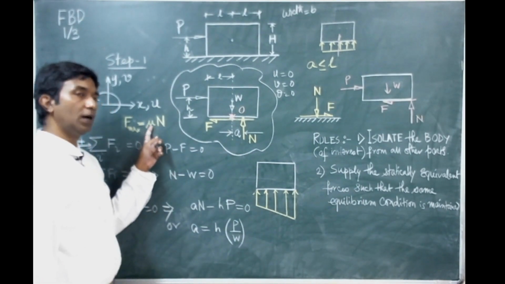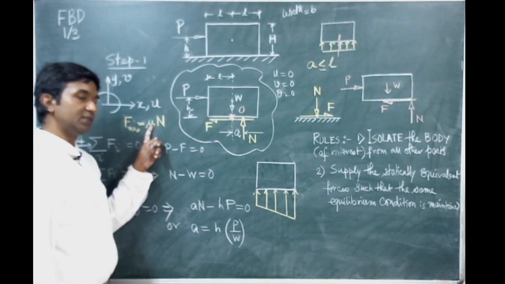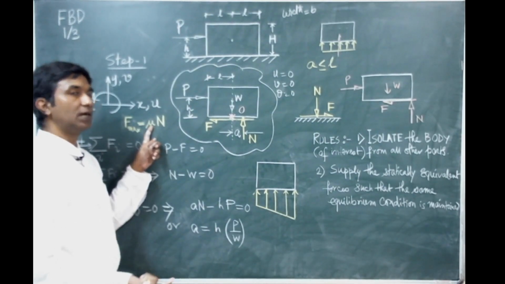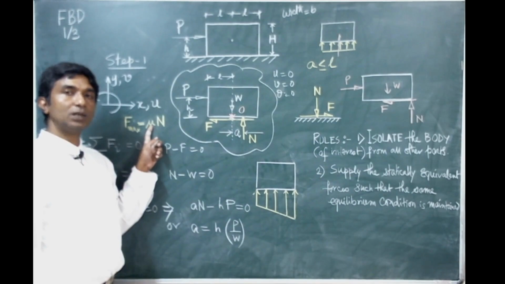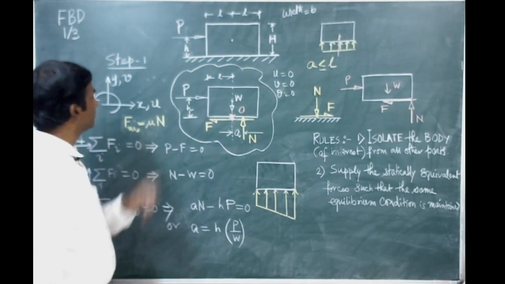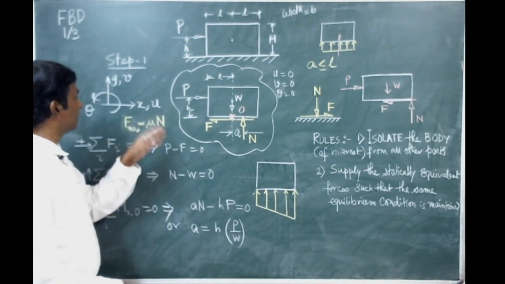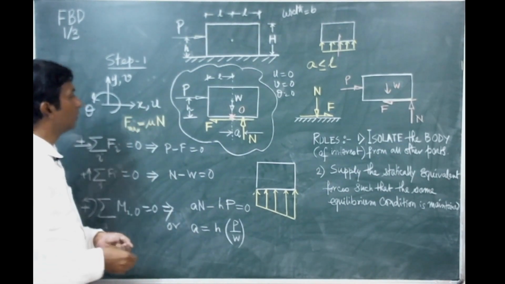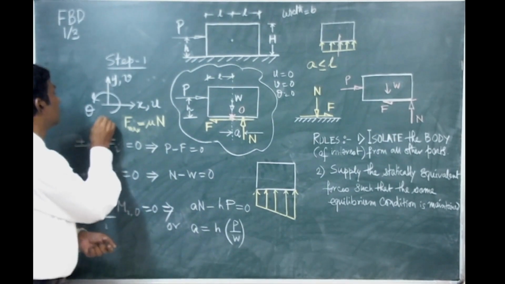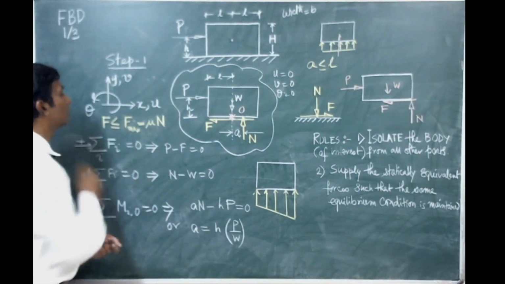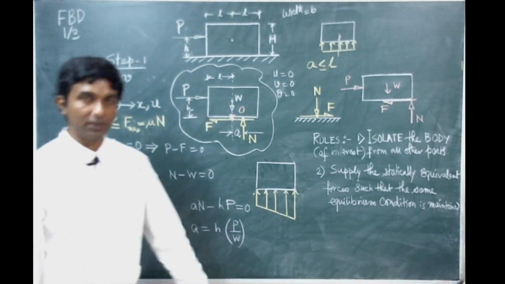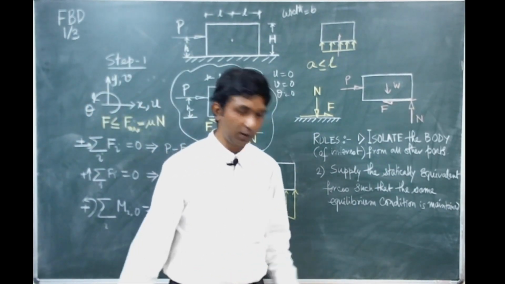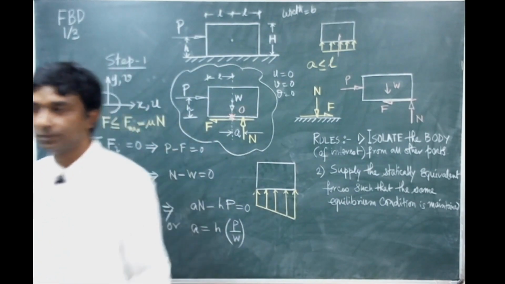This mu takes different values, and that depends on whether you are considering the static situation or the dynamic situation. In both cases you get the same structure. F should be less than or equal to mu N. That is the important thing to know. Other things I think you all know. Let us go to the next topic.